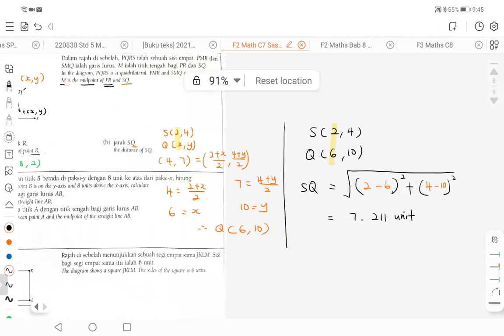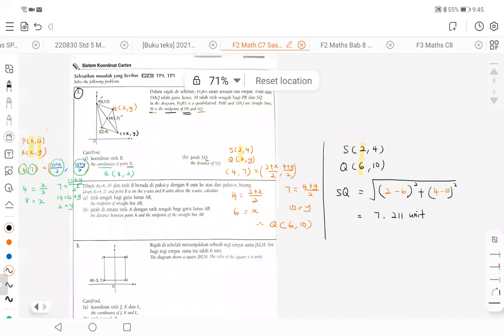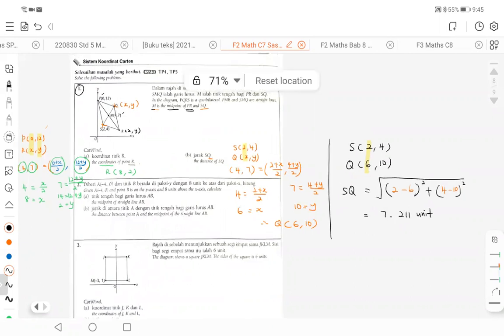If you have, I think it will be good if you do the exercise from the textbook. Check the 10 and 7. Joe and Kaichen, do you get the answer of SQ? Distance of SQ? Yes, okay.